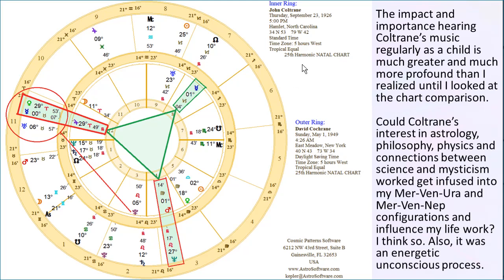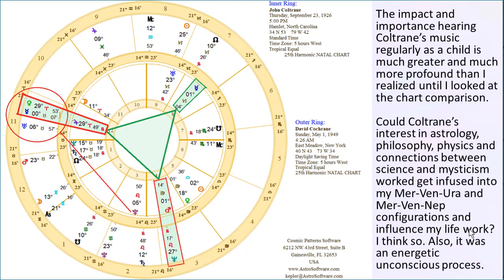This developmental astrology is important. Who these people are, what their message is, what their vision is, enters into your life stream. Could Coltrane's interest in astrology, philosophy, physics, and connections between science and mysticism get infused into my Mercury-Venus-Uranus and my Mercury-Venus-Neptune configurations?